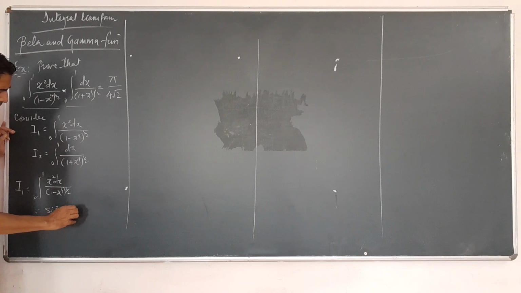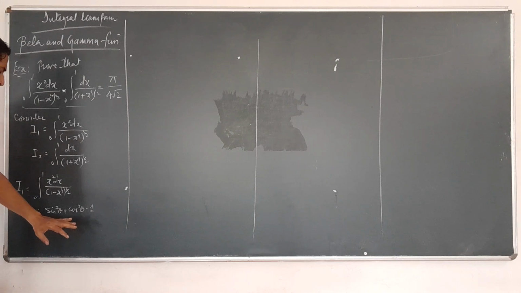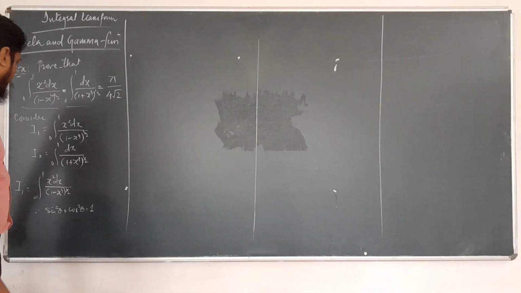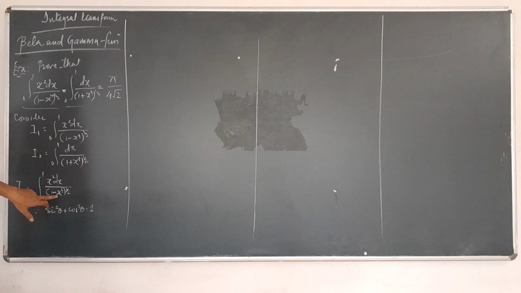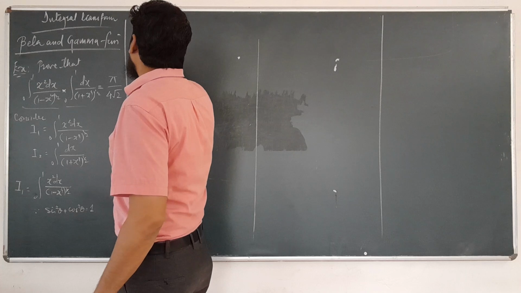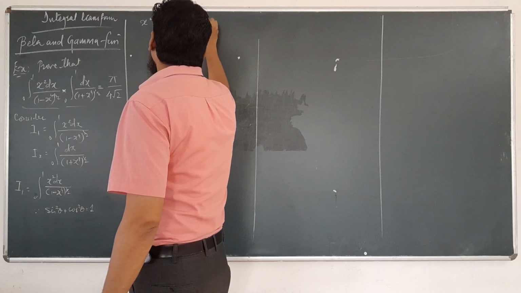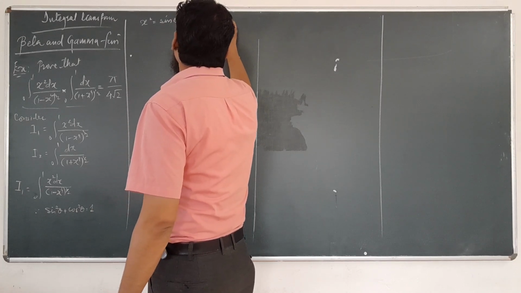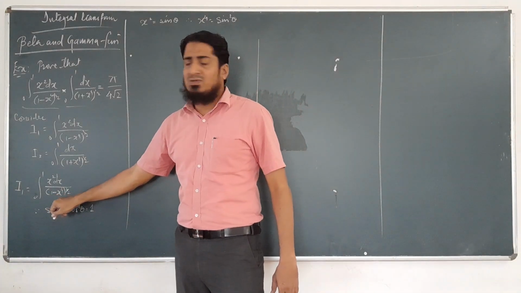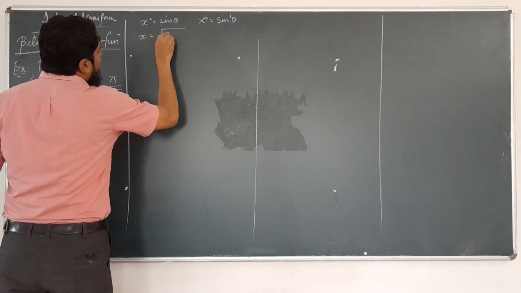We know the identity sin square theta plus cos square theta is equal to 1. If we put x square is equal to sin theta, therefore x raised to 4 becomes sin square theta, so we will get 1 minus sin square theta. Again, if we take only x, we will get root sin theta.